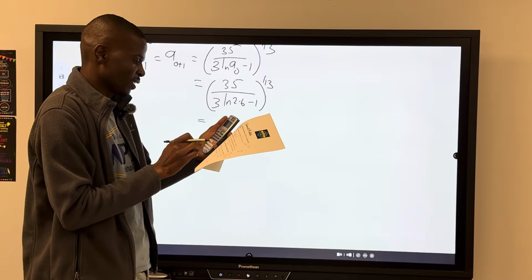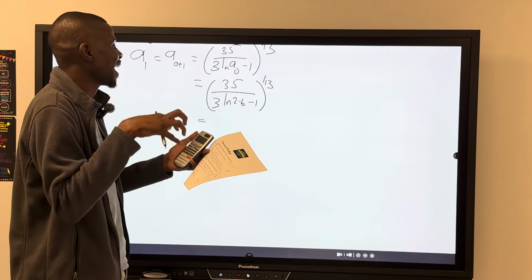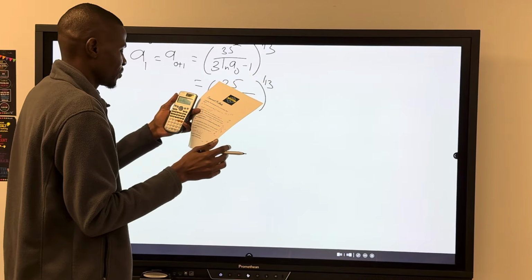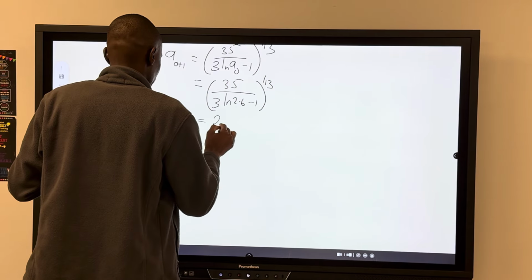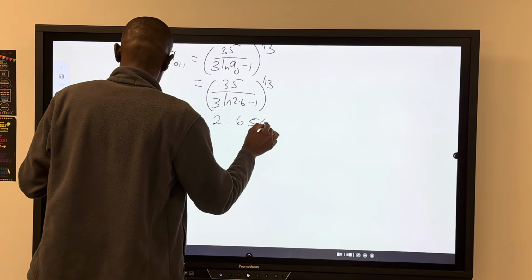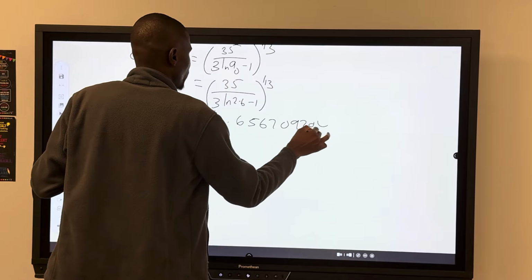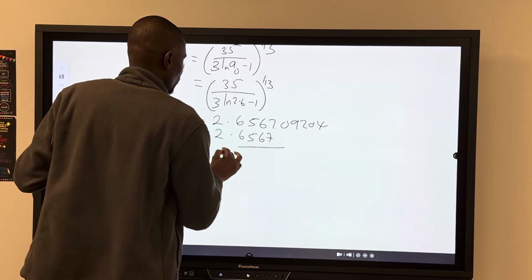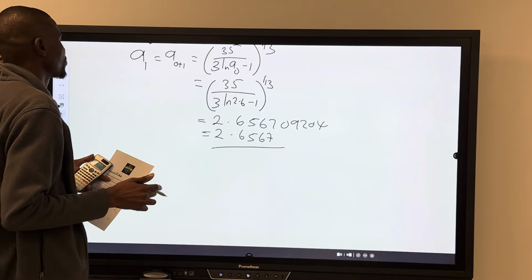Now it's going to use the answer that is stored. You press the equal sign once, and now I'm going to write 2.656709204. Remember, they said each solution should be rounded to 4 decimal places.